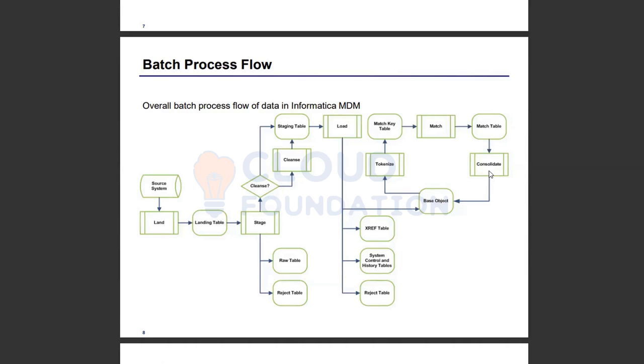And that is how we get our golden record. In MDM, the golden record means the final record which has been created after all the processes have been done by MDM.